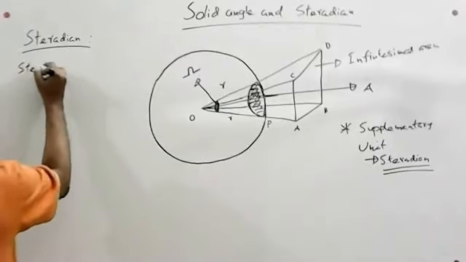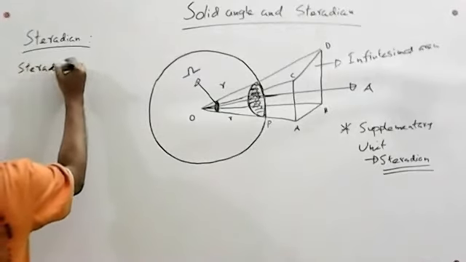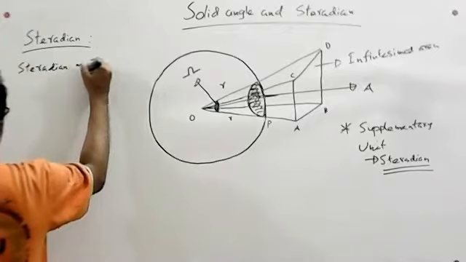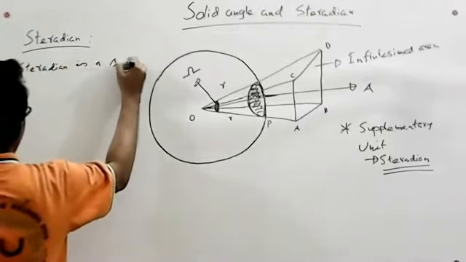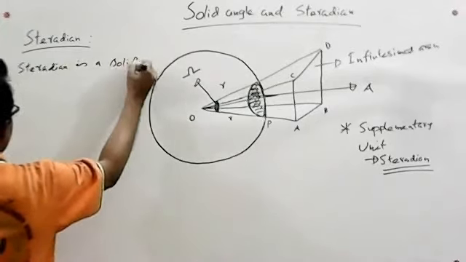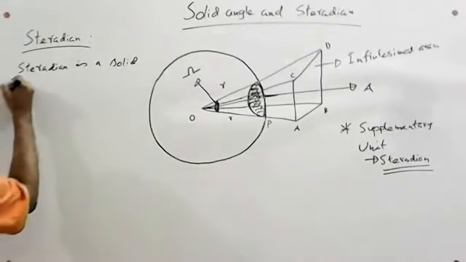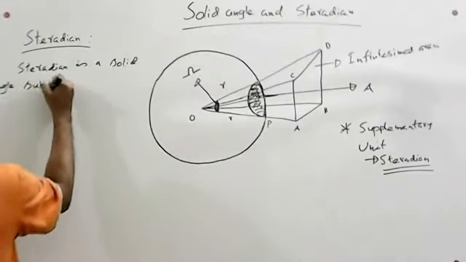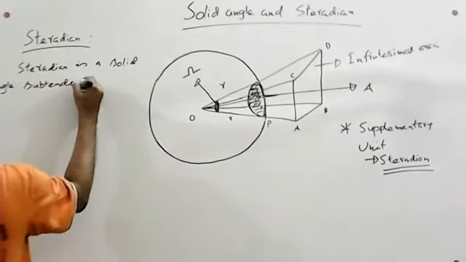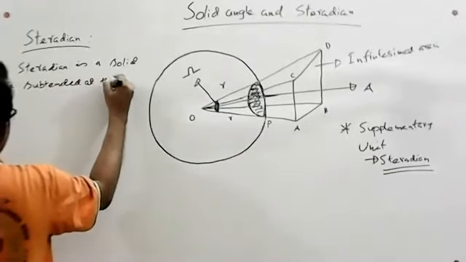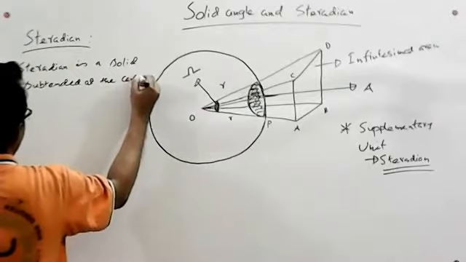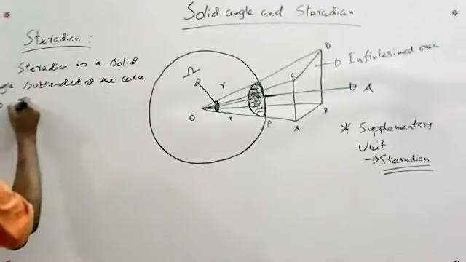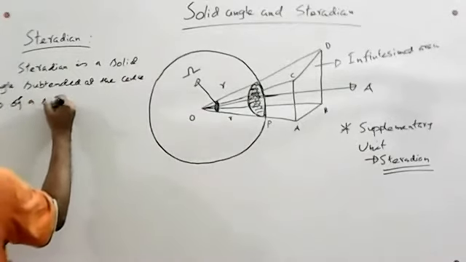Steradian is a solid angle subtended at the center O of a sphere.